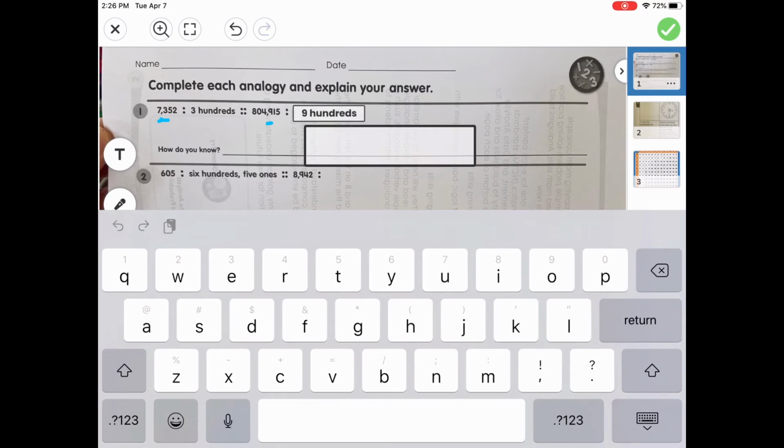When you're asked to explain how you know, you can put into your own words the relationship that you used to figure out this problem. I know that 7,352 had 3 hundredths, so I'm going to look at the hundreds place in the next number to figure out how many hundredths that one had.